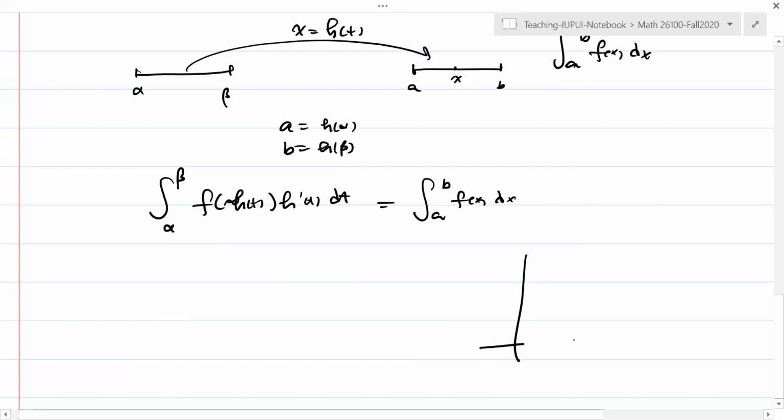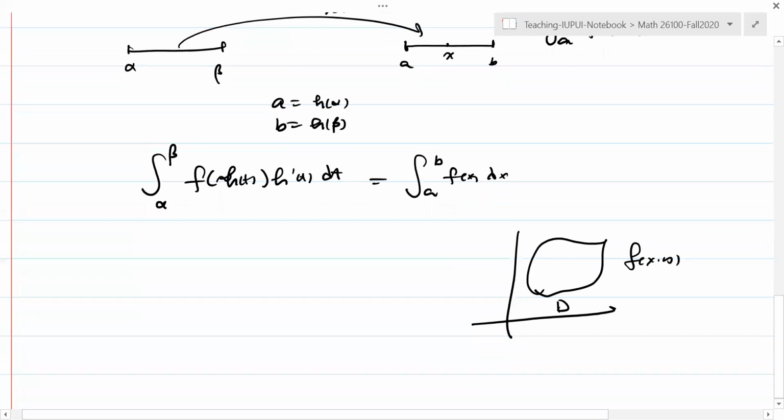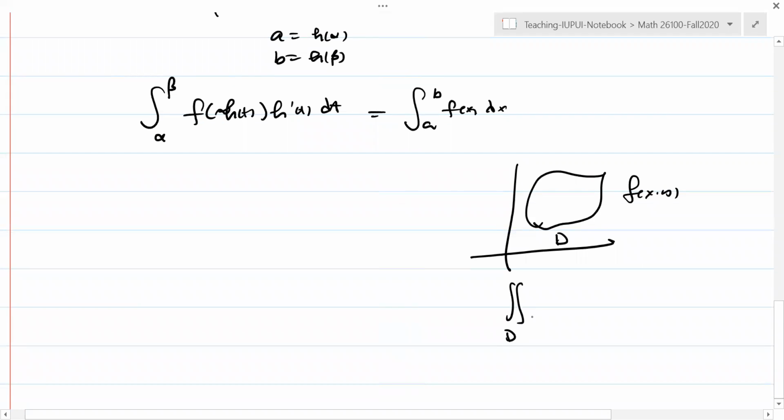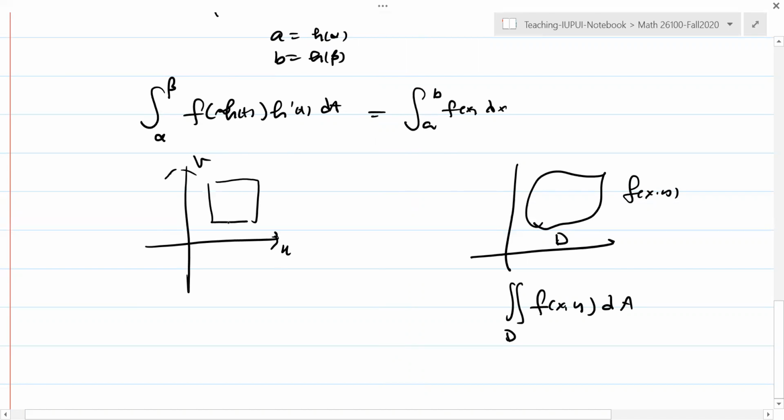So in the two-dimensional case, you have a domain D, and you have a function of x and y. So you have a double integral. What kind of substitution are you going to use? Well, you have u and v, and here usually is a much better domain called D prime.